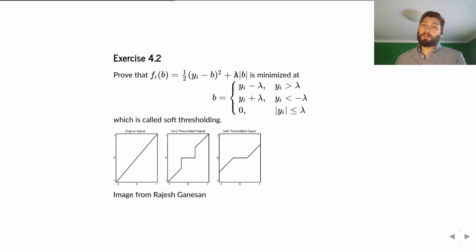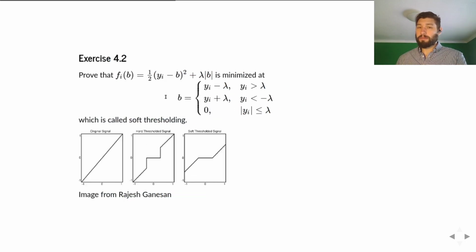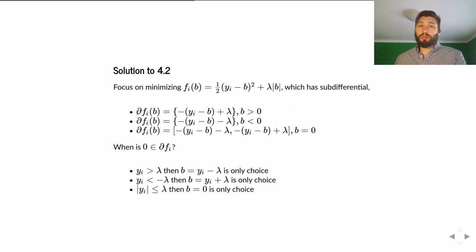That's when b is 0. In the case that b is 0, we'll have an interval for sure, and in the case that b is non-zero, we'll have a singleton. And so we can go through this case by case.